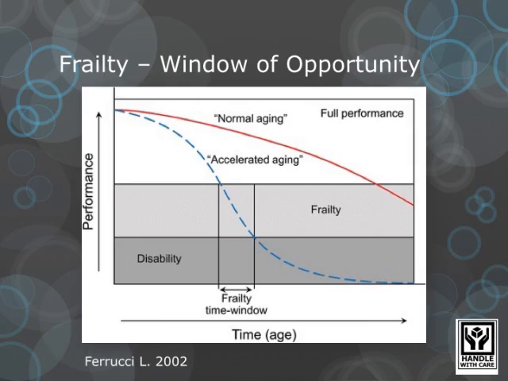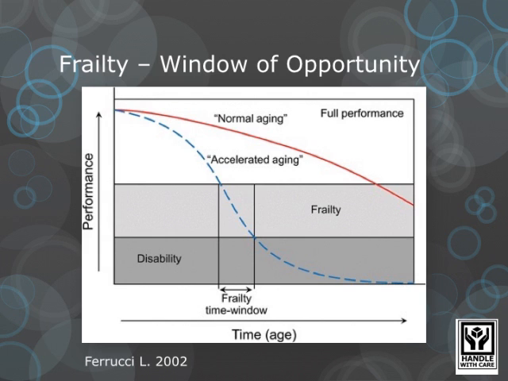So frailty, here, I love this slide. I think it gives a lot of information in a nice, simple way. Here on the y-axis, you have performance, low performance going to high performance, and you can see graded areas. There's disability, there's frailty, and then there's normal aging. And on the x-axis is time.